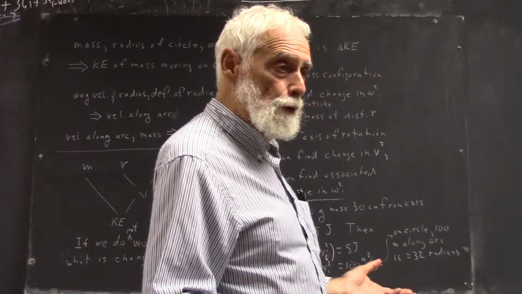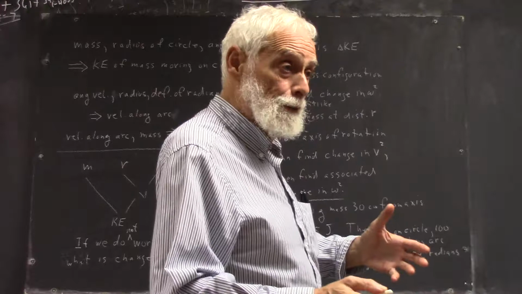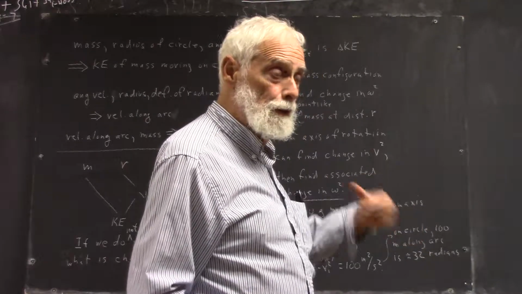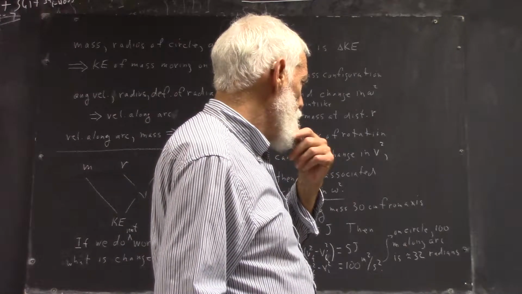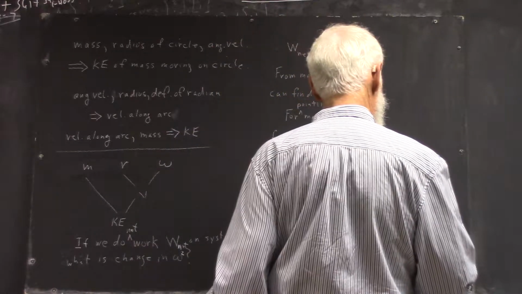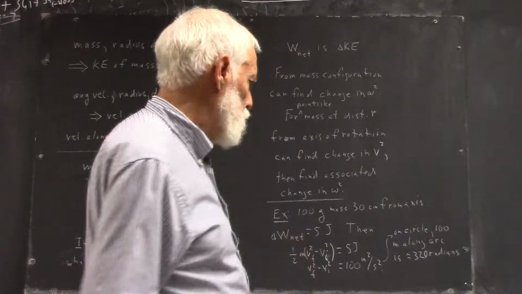Yeah. Circle's about a third of a meter in radius. If you divide the 100 meters along the arc by a third of a meter, you get, as I said, about 320 radians.